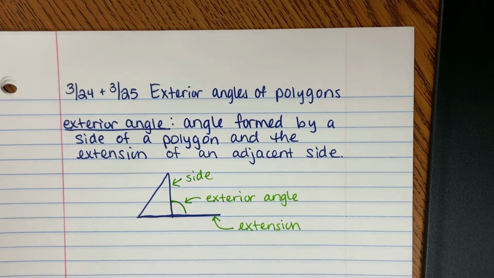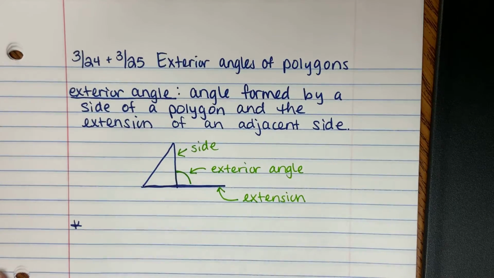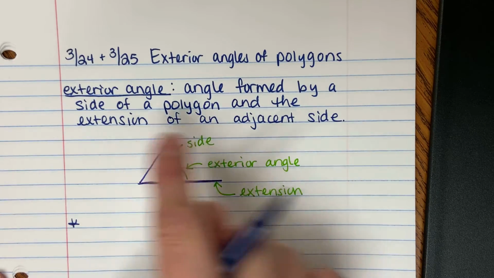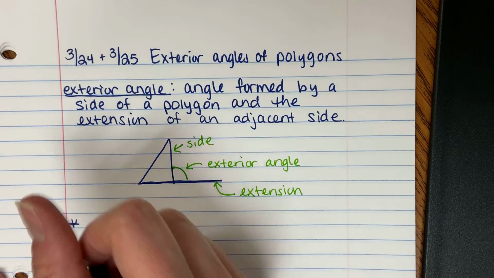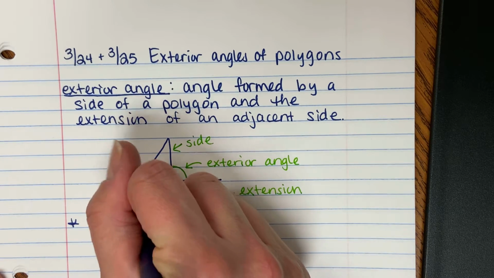All right, so our first big rule here. This one you're gonna like, I think. So if there was extensions on everything and I added up all the exterior angles, it's a sum, right? So the sum of all exterior angles.